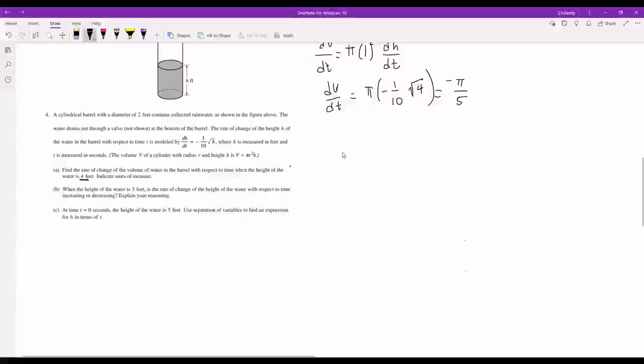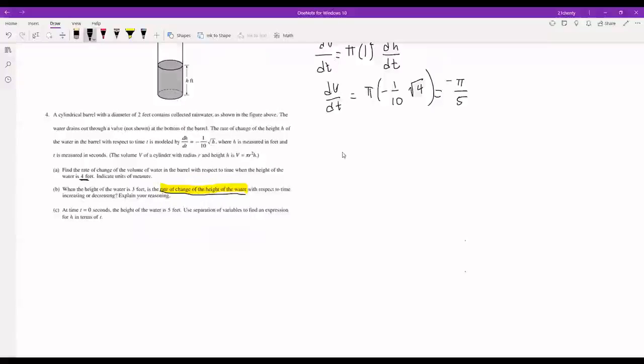So part B is a little bit trickier. It's kind of worded weird. When the height of the water is 3 feet, is the rate of change of the height of water with respect to time increasing or decreasing? So this is asking if the rate of change of the height of the water, not the height of the water itself. It's asking about the rate of change, which is kind of like acceleration, right?